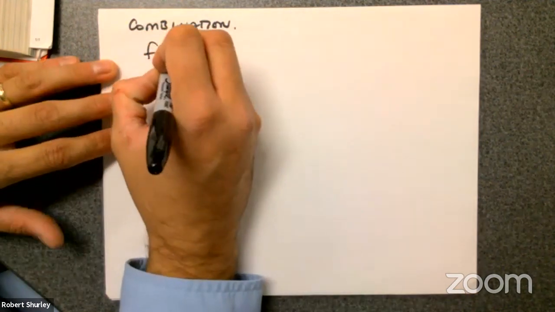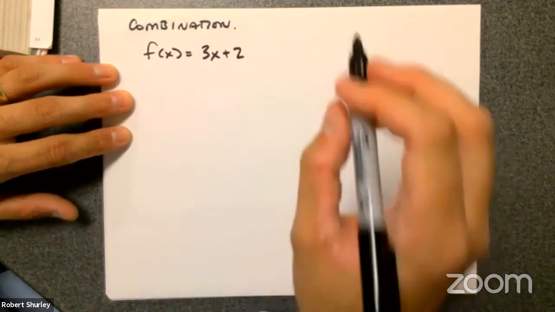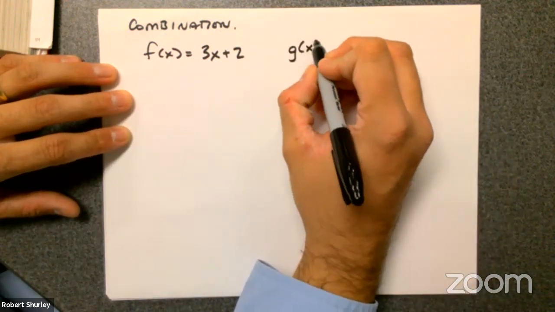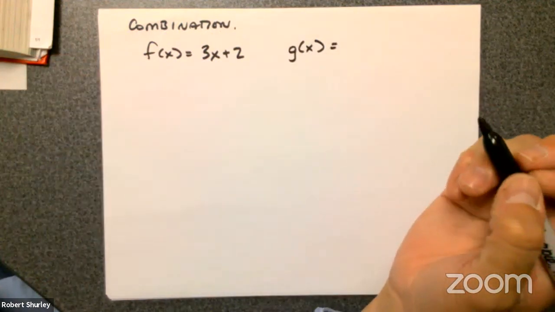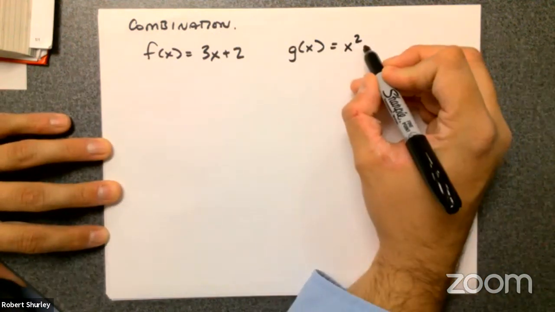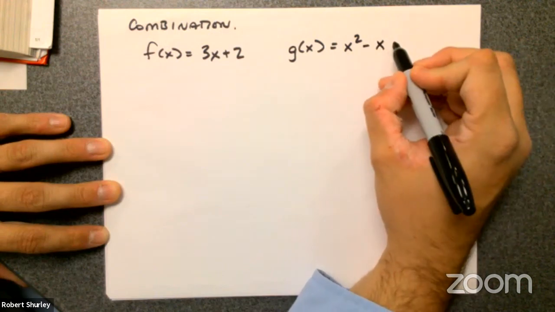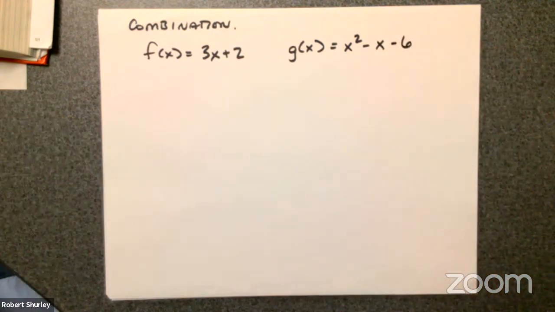Let's say I've got two functions. Let's say I've got f of x equals 3x plus 2. And let's say g of x equals x squared minus x minus 6, okay? And there's four basic algebraic combinations, I should say.